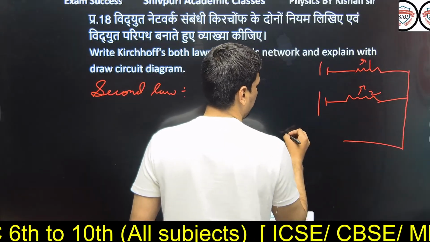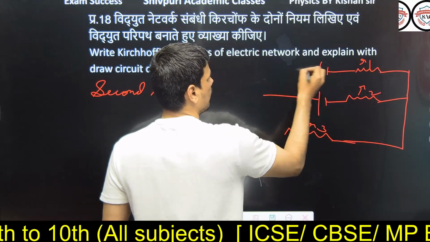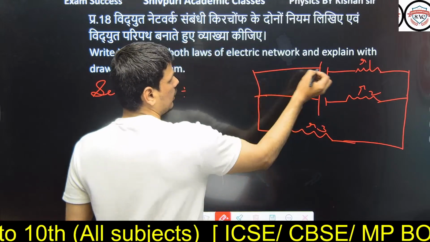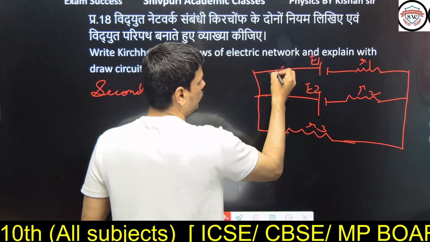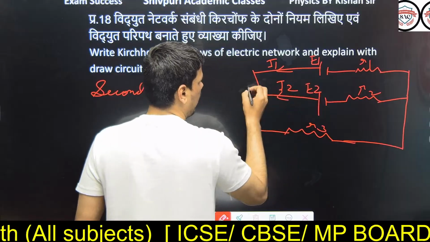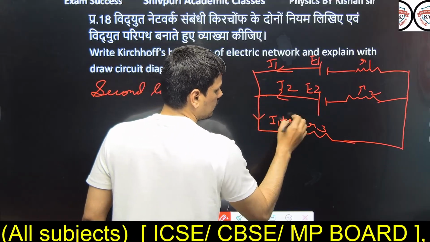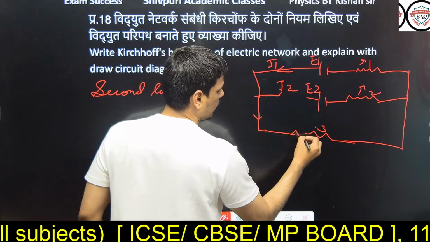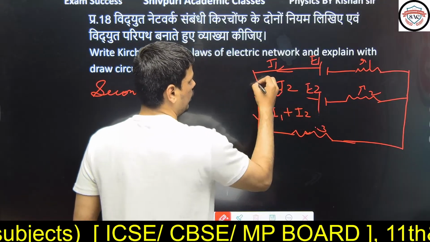They are connected to an external resistance R3. Generally this is our E1, this is our E2. We will get I1 here and I2 here. So at this point we will get the current I1 plus I2.